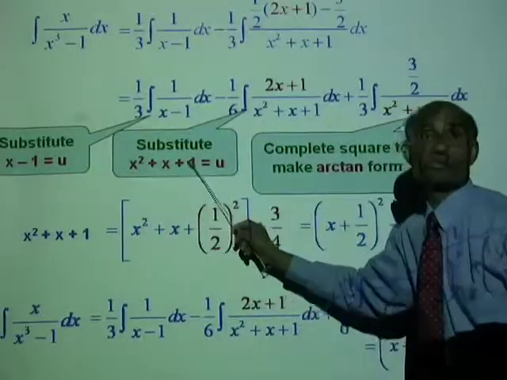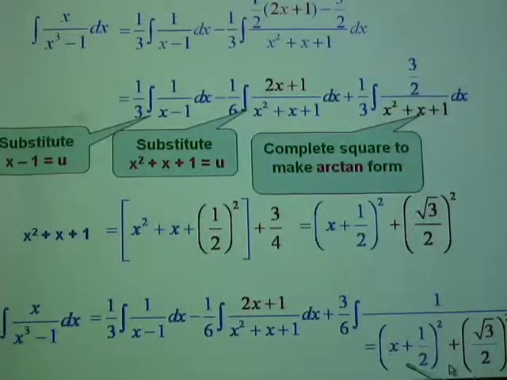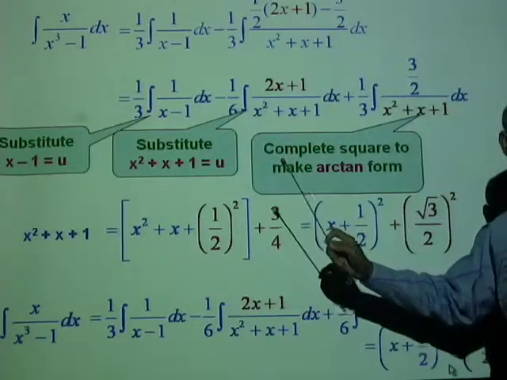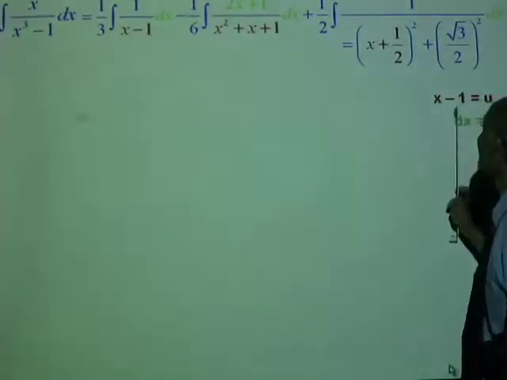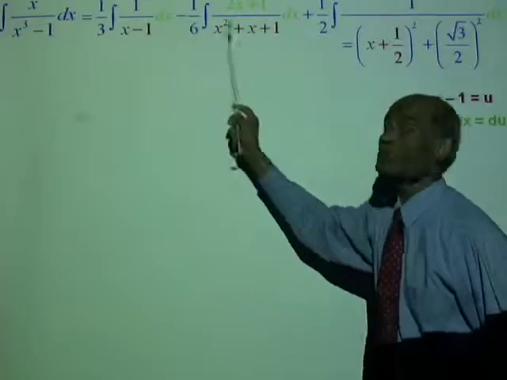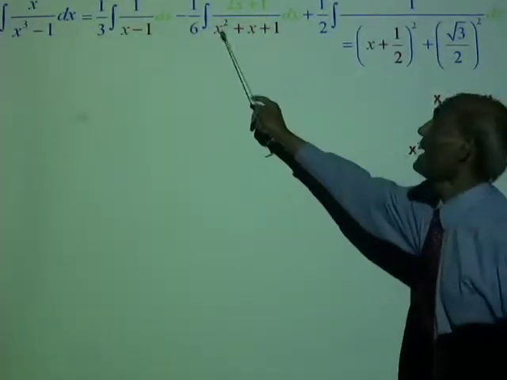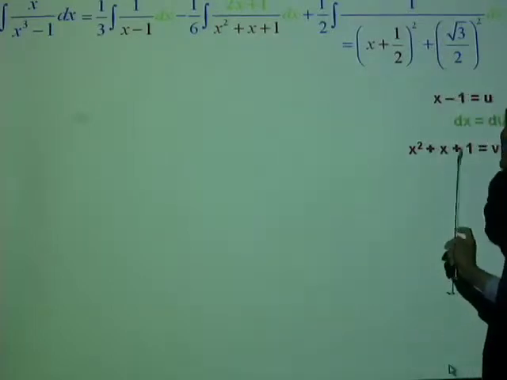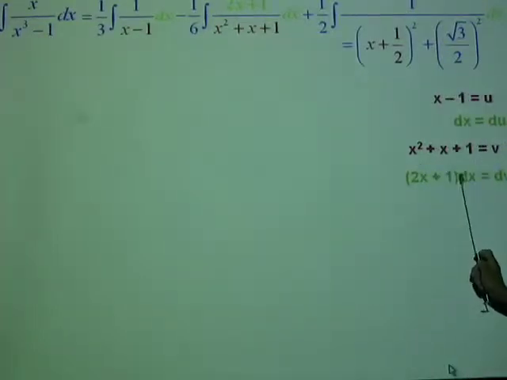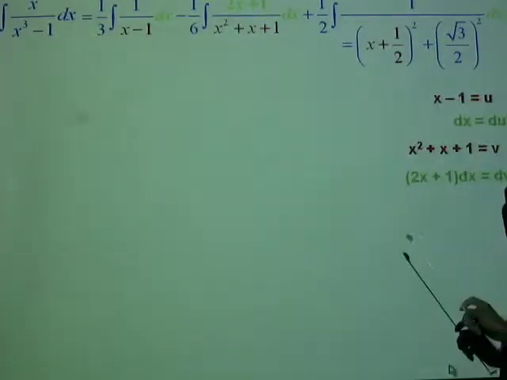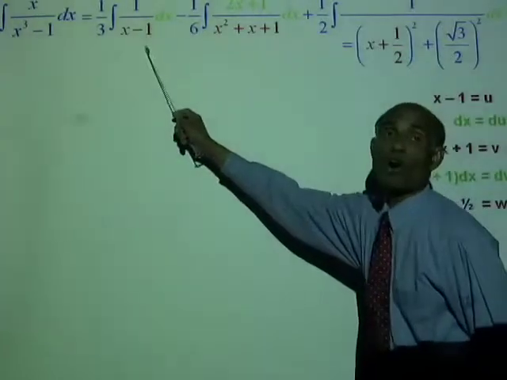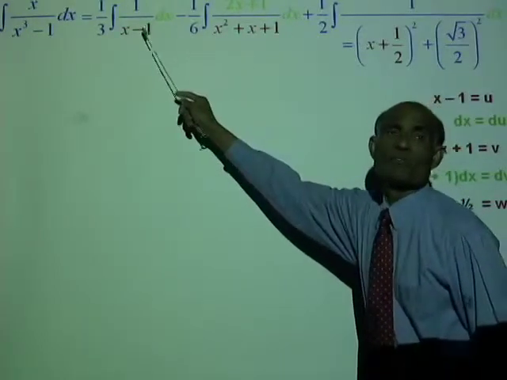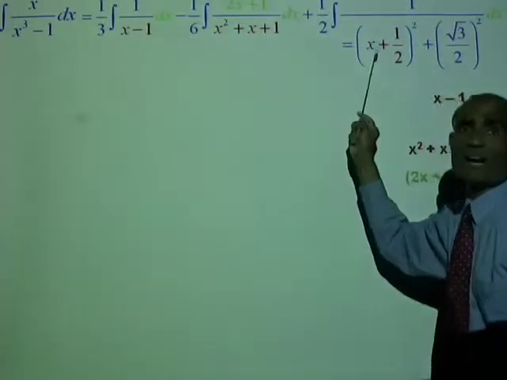Now we can go and do these substitutions and call this also equal to another u. Okay, now we have, let's say, that x minus 1 equal to u, dx becomes du. And when x squared plus x plus 1 equal to v, then 2x plus 1 dx equal to dv. And x plus 1/2 equal to w. So instead of calling them all u, as I said earlier, let's call this u, this v, and this w.